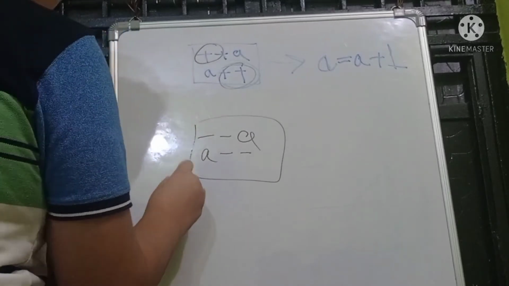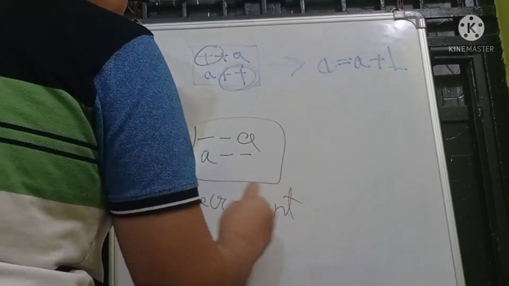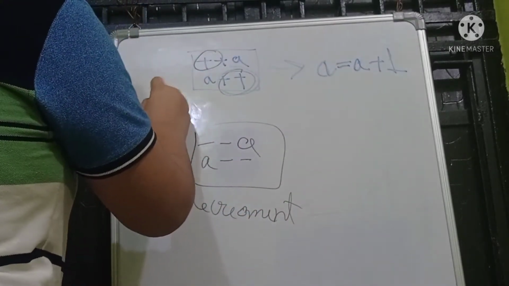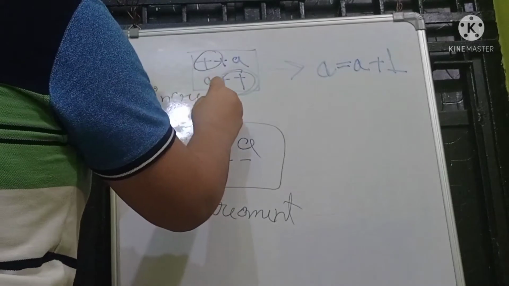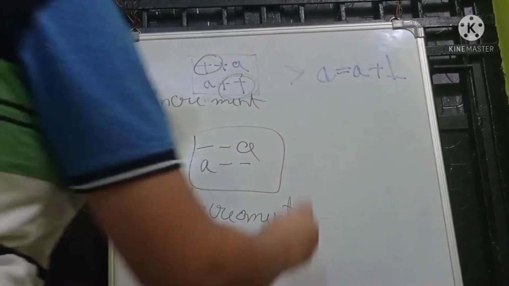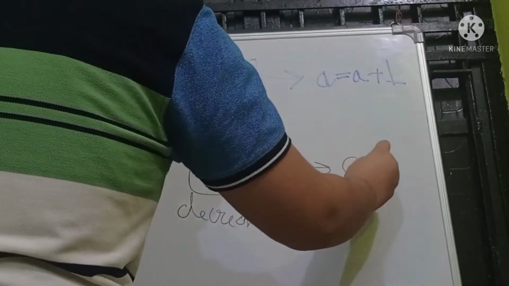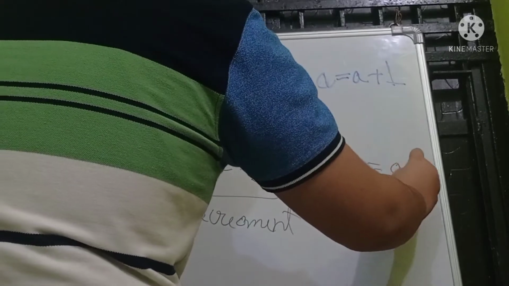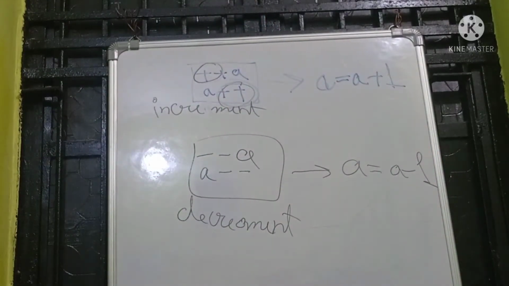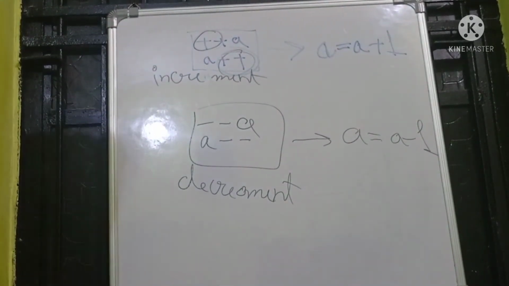This means decrement operator, and the other means increment operator. If we have to write this, a minus 1, we will write this. I am telling in more detail just after some time.